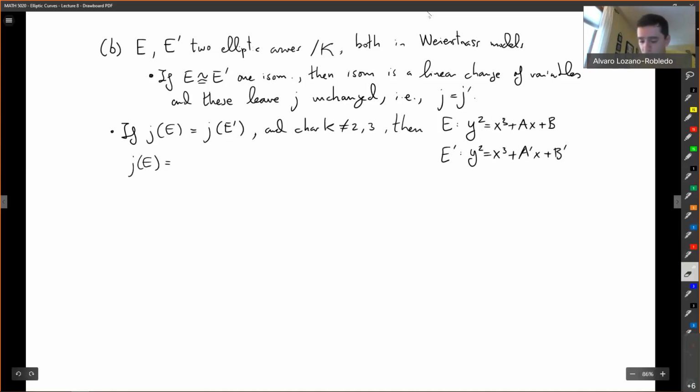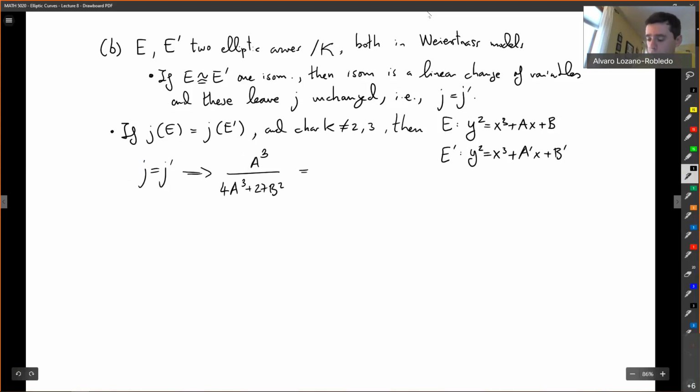Actually, let me just simplify. There was a factor of 1728. So if the j-invariants are the same, what that's going to say is that 4a cubed over 4a cubed plus 27b squared, I think I can actually just get rid of this 4, that a cubed over 4a cubed plus 27b squared equals a prime cubed over 4a prime cubed plus 27b prime squared.